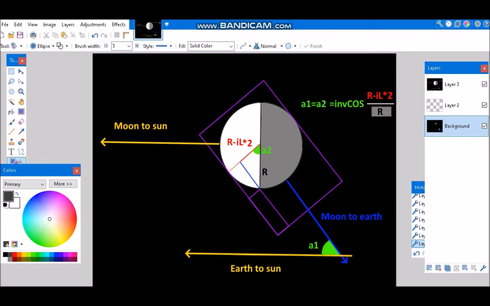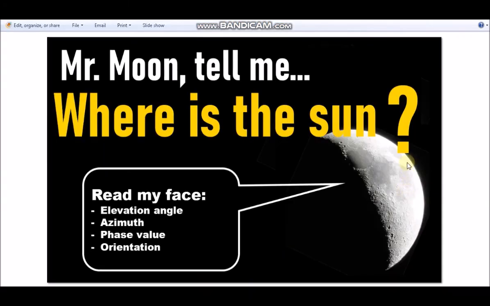The way to do this, of course, is you'll have to orient your phone or your camera so that the moon would not be tilted like this. You would tilt your tripod or your base in order to have this lit part to the sides of your frame.